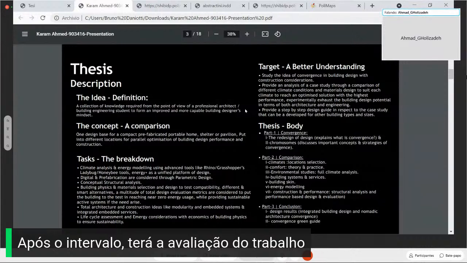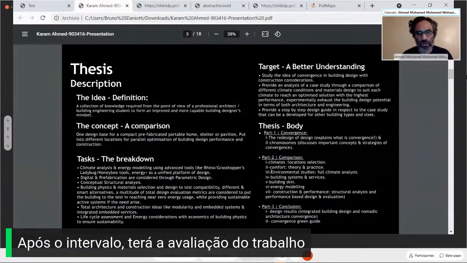The body of the thesis consists of three parts: convergence, what convergence is, and how it's applied in design and the whole building industry. The second part consists of 7 sections: energy modeling, climate analysis, building physics, and so on.